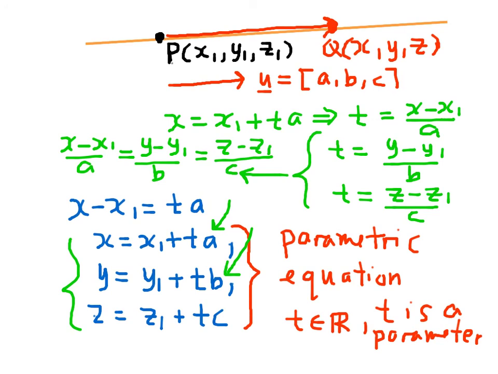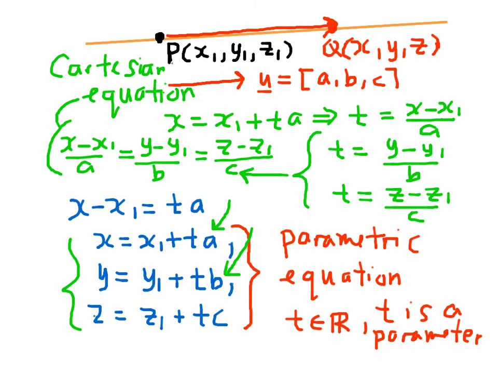And this form is what we call the Cartesian equations of the straight line, because this form only involves x, y, z, and you don't see t.